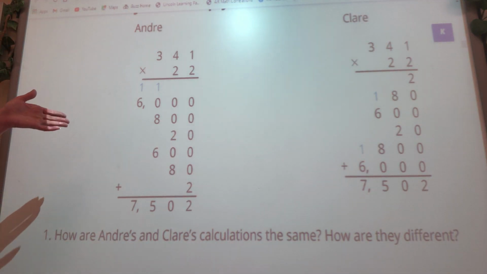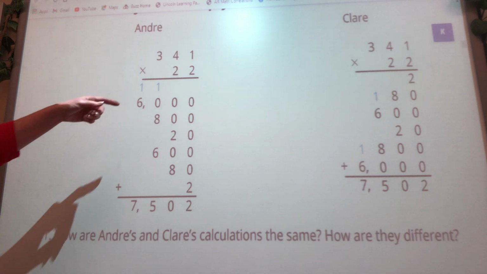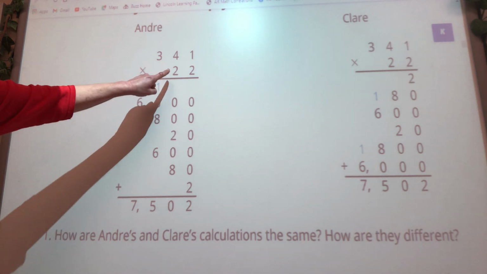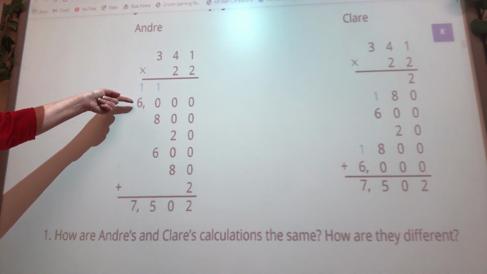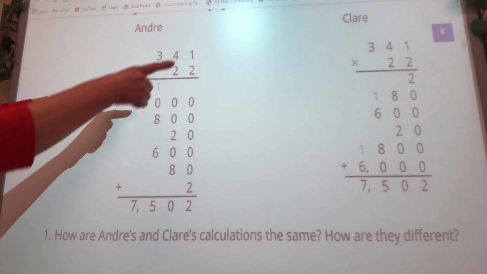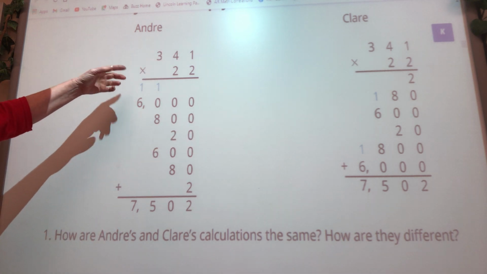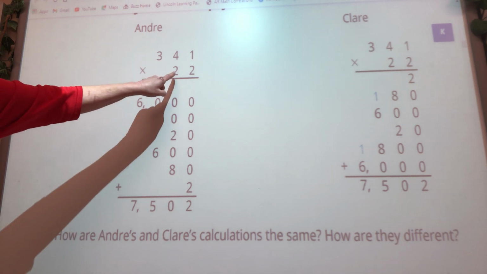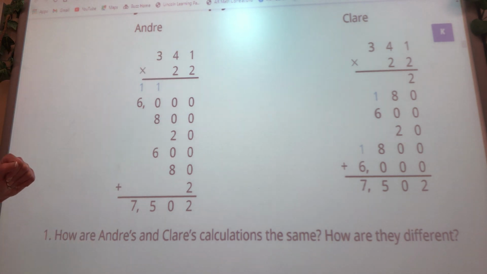So Andre, when he started his problem, he started immediately working with the tens place and the hundreds place. So he would have had 20 times 300, which is where he got his 6,000. Now Claire did the same thing, she just did it last, didn't she? On Andre's, after he did that, because we know we have to multiply each of these digits times each of these digits, right?